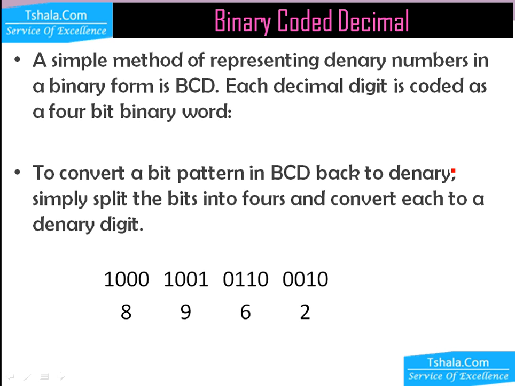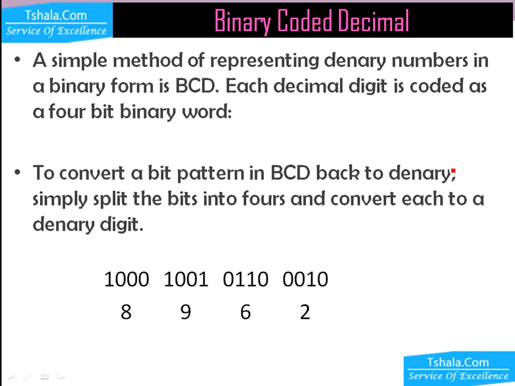There is another coding mechanism, which is binary coded decimal. This is a really simple method of representing decimal numbers in a binary form. So this is called BCD, which is binary coded decimal.